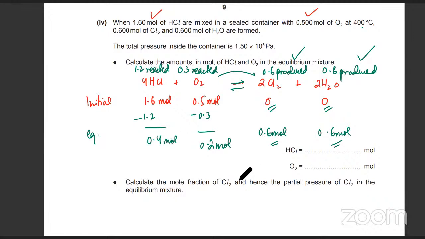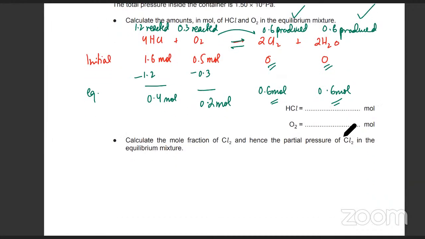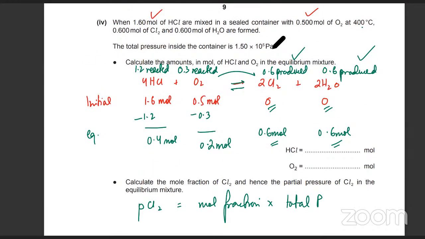So you found the moles, and now calculate the mole fraction of Cl2, hence the partial pressure of Cl2. How do you find partial pressure? Remember, for Cl2, he's asking for Cl2. Partial pressure is the mole fraction multiplied by the total pressure, meaning how much that particular substance contributes to the total pressure. The total pressure is given here as 1.5 times 10 to the power 5 pascals.